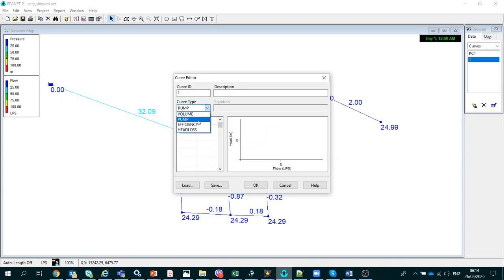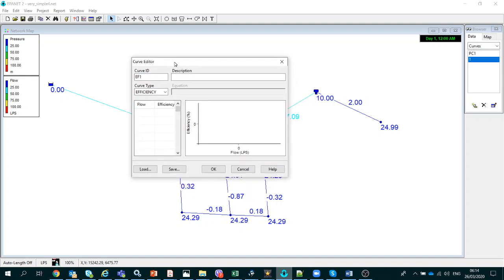Now this time we are adding an efficiency curve. We'll call it EF1. So when the flow is, let's say 20, we assume, well, you have to get this from a manufacturer's catalog, but for the moment, bear with me, this is 50%. When it is 10, it's 35%. When it is 30, it's also 35%.